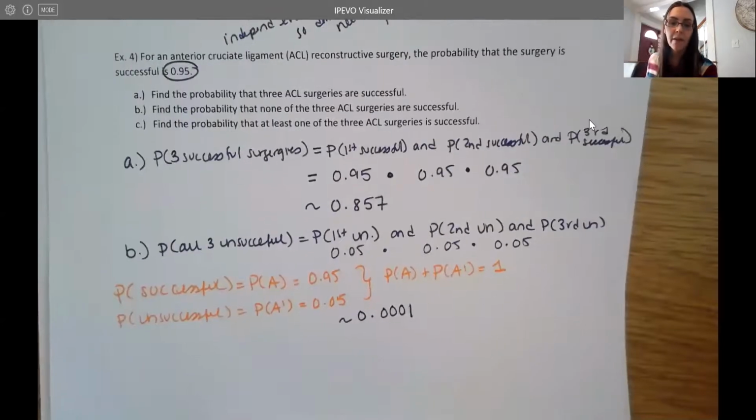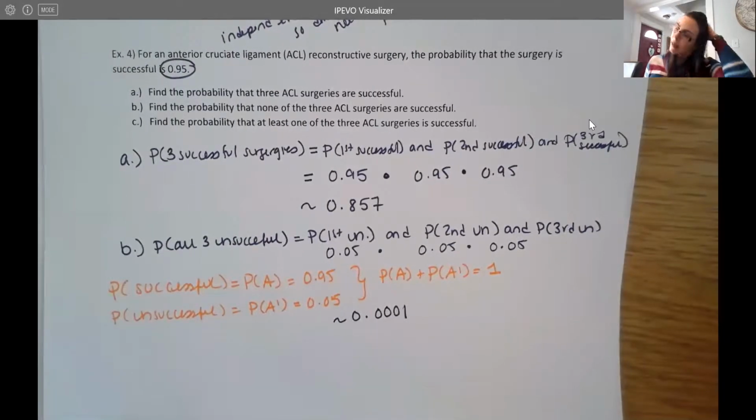Okay, so a very, very small chance that absolutely none of them would be successful, which makes sense, right? If the chance of it being successful is 0.95, so 95% in percent form, then the fact that all 3 of them would fail would be very, very unusual, right? This is a very low probability. It's very unusual that that would happen.